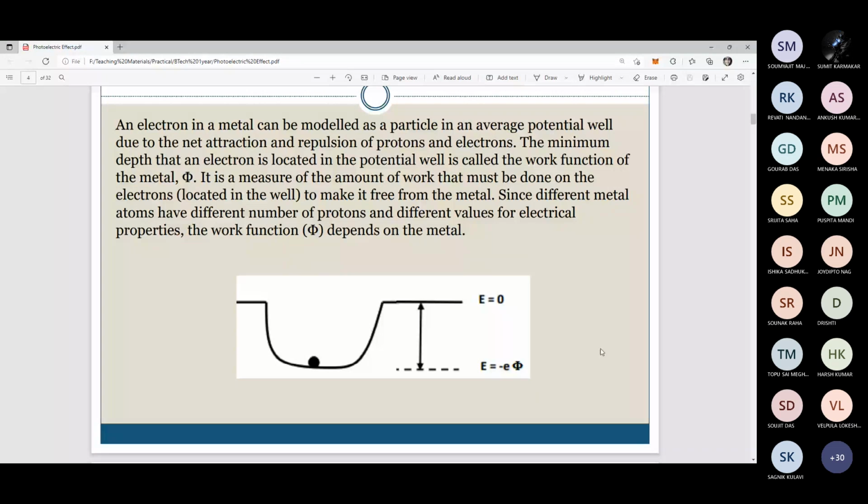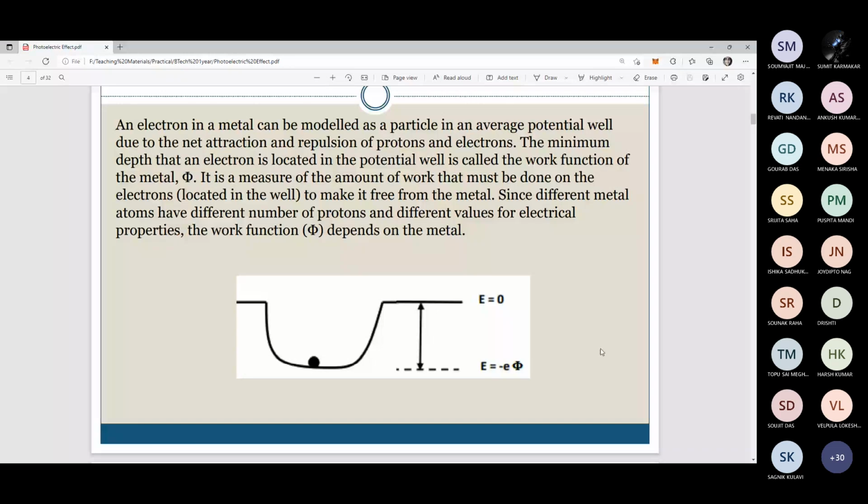If this is done by the application of light, that is photons, then the phenomenon is known as the photoelectric effect. So ejecting electrons with the application of photons, that is the photoelectric effect.